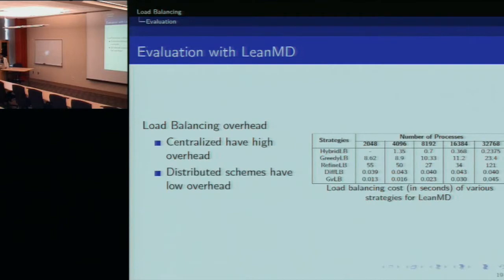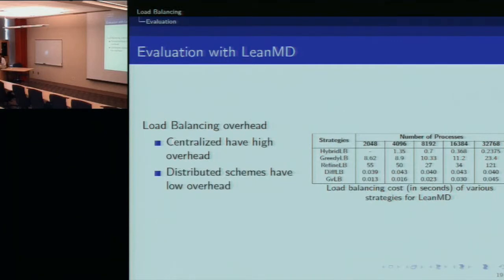The next one is the overhead incurred for all the load balancing strategies. As we can expect, the centralized strategies have a high overhead because of the stats collection and the decision making. And some strategies, like the greedy LB, are not refinement-based, which leads to a lot of migration.